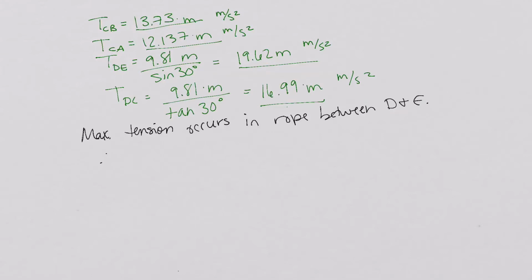So I'm going to set that tension, TDE, equal to 400 newtons, which equals 19.62 times M in meters per second squared. And so then we can do M equals 400 divided by 19.62.